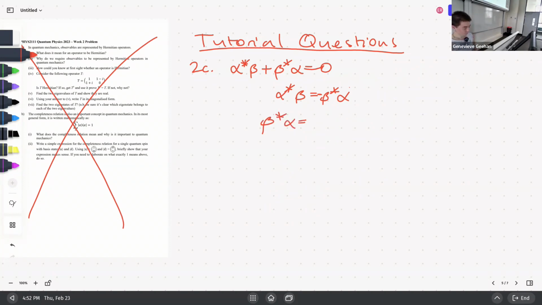Beta star alpha equals this. Right, I forgot the negative sign. That's what I did. It's always the negative signs. Okay, that makes more sense.